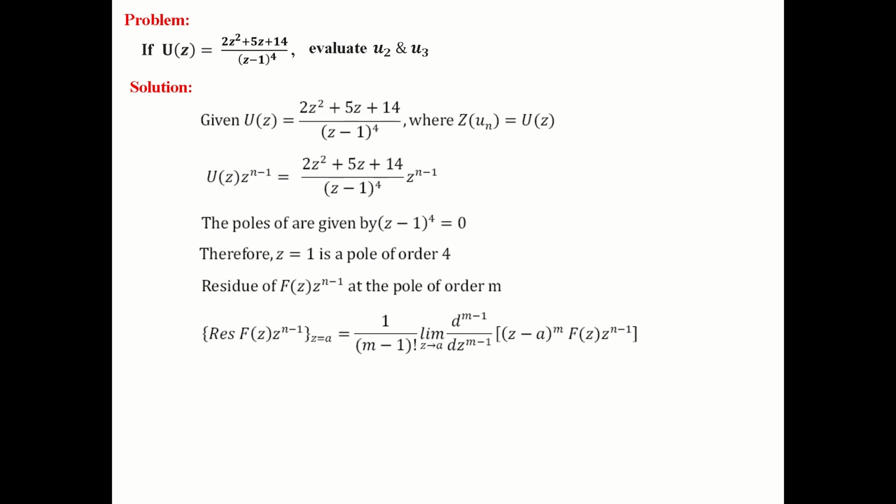Instead of f of z, you have u of z here, right? Instead of a, the pole is 1, and m, the order of the pole, is 4.